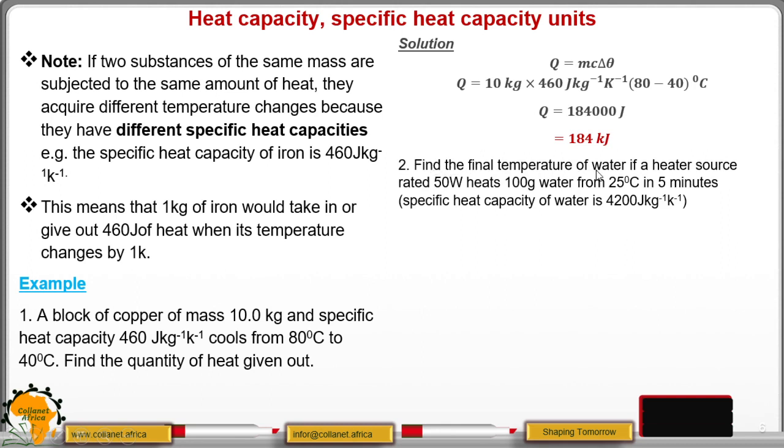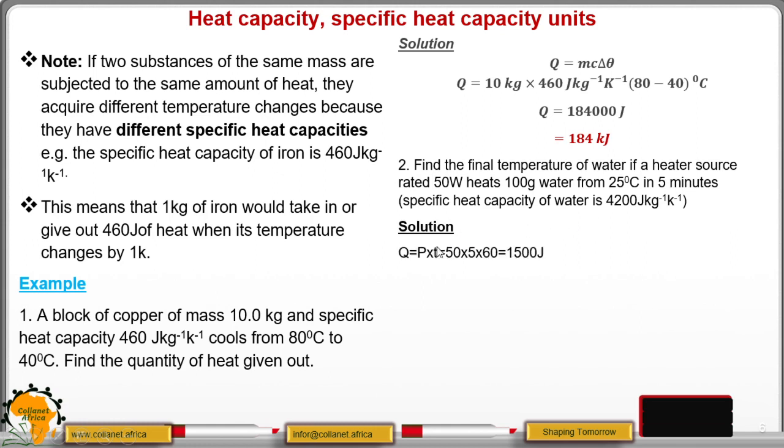Find the final temperature of water if a heater source rated 50 watts heats 100 grams of water from 25 degrees Celsius in 5 minutes. You are given that the specific heat capacity of water is 4,200 joules per kilogram per Kelvin.